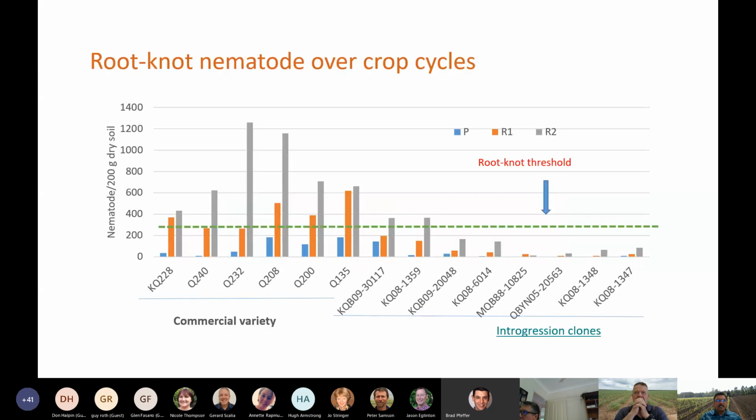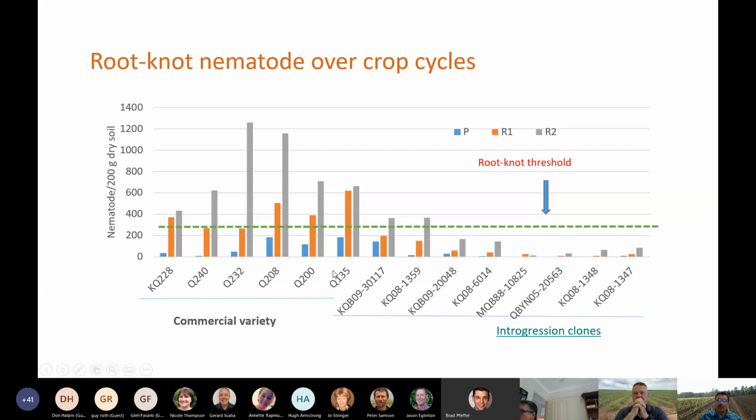So this is the trial. As I mentioned, we wanted to see the progeny which are resistant to root knot and root lesion nematode. We took them to the field to see how resistant they are, and whether our results in the glasshouse are reliable. So these are our introgression clones on the right side, and on the left side our commercial varieties.